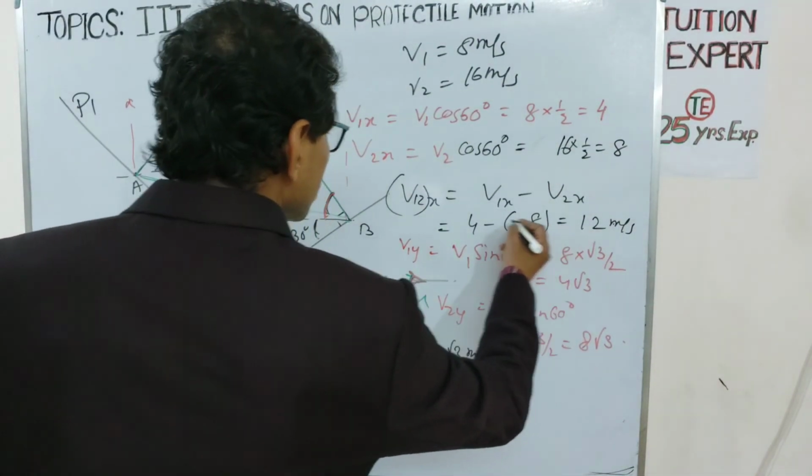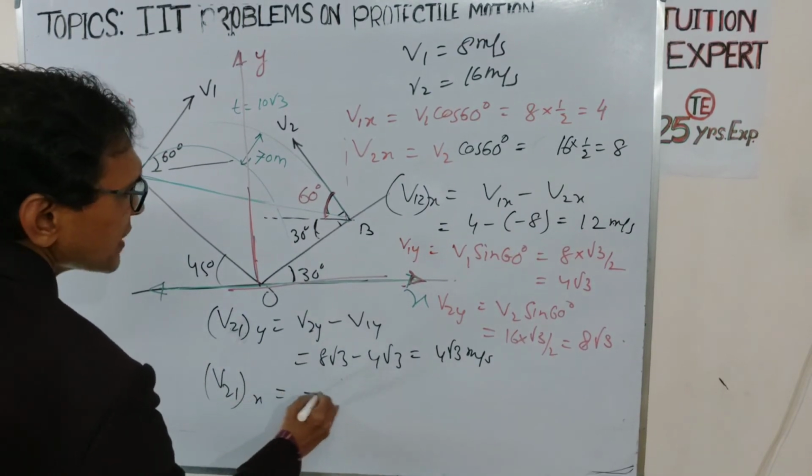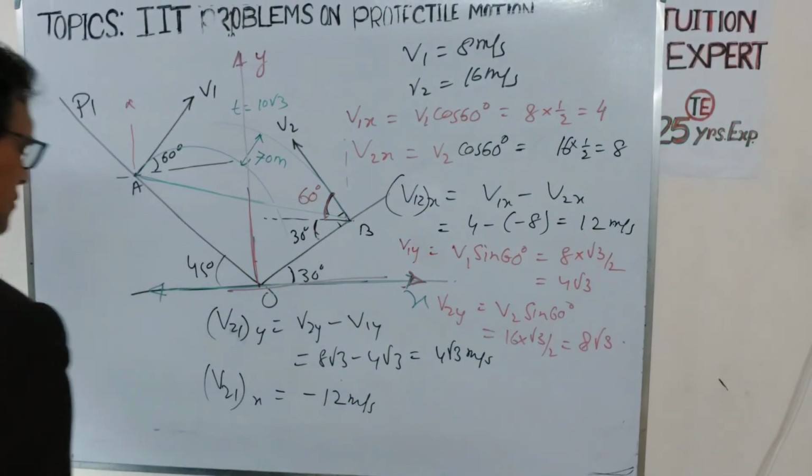Now if we consider V21x, then this would be minus this. Now what is V21?